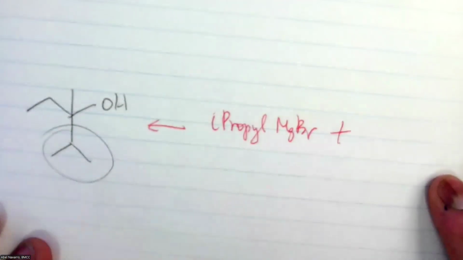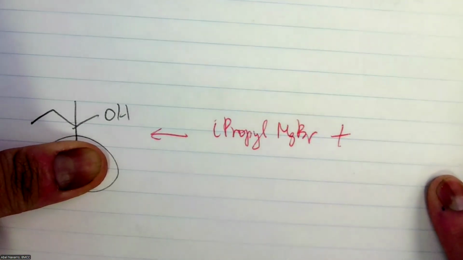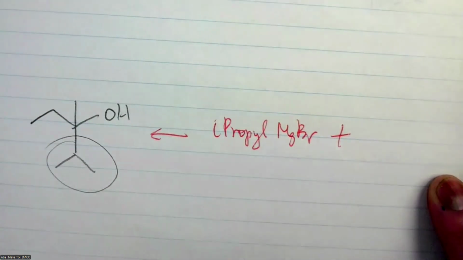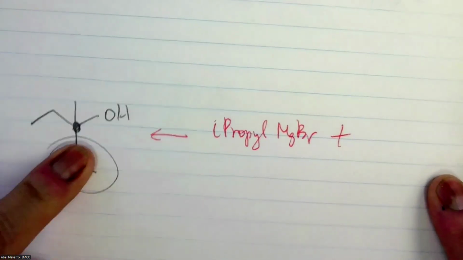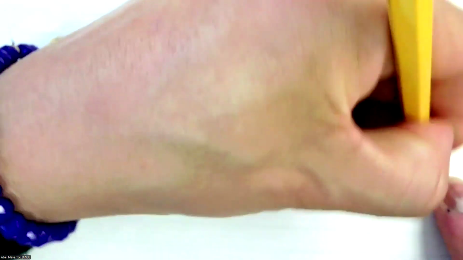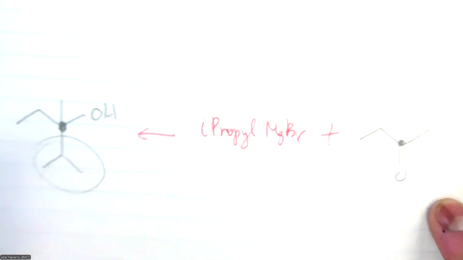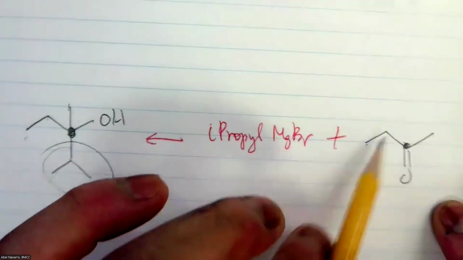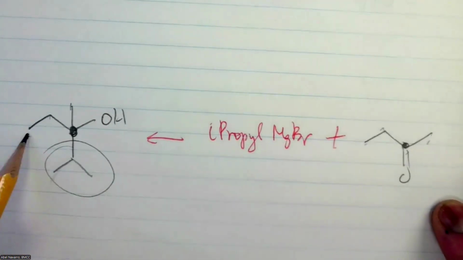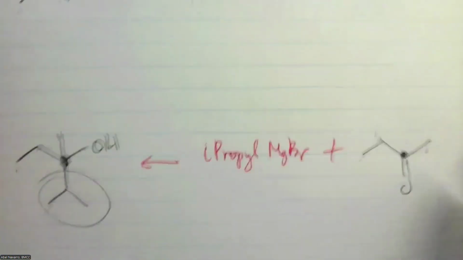And in the last case, this is my Grignard, and this is gone. Now I have to make the ketone with whatever is left. This one is the carbonyl, the C double O carbon. The rest is 1, 2, 3, 4 and 1, 2, 3, 4, and 1, 2, 3 carbonyl. Those are the options.